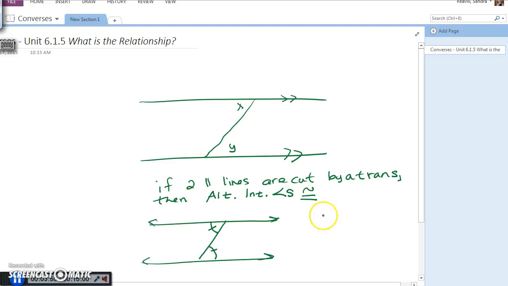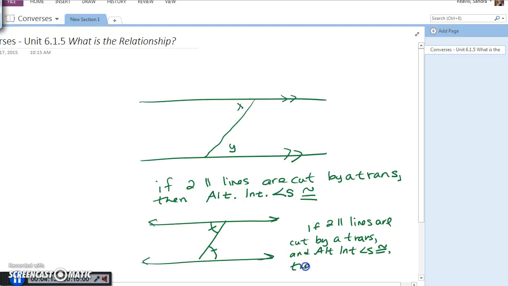Now his conclusion is if two parallel lines are cut by a transversal and alternate interior angles are congruent, then the lines are parallel.